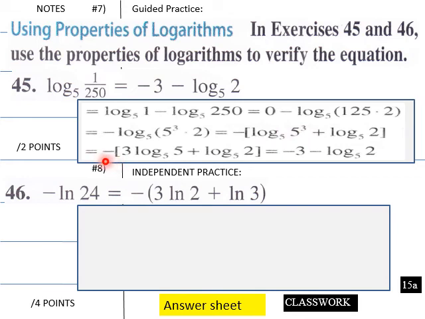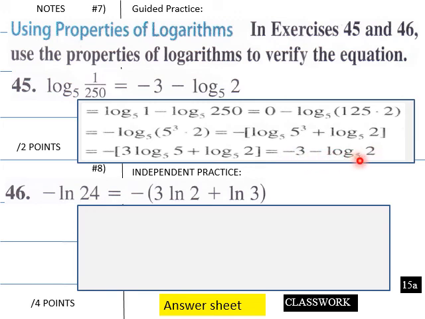And then again down here, the negative of 3 log base 5 of 5, which would be 5 to the third, 125, plus log base 5 of 2. So again, we have a product property here. 125 times 2 would be 250, and then reciprocate it. So it's log base 5 of 250 here, equals negative 3 minus log base 5 of 2.